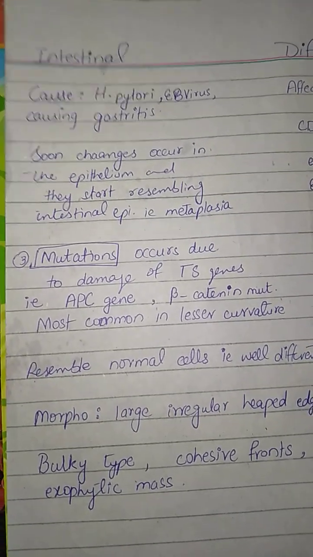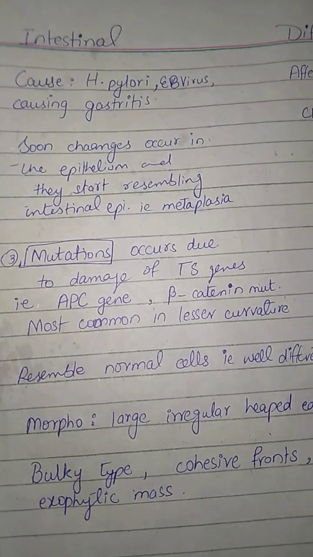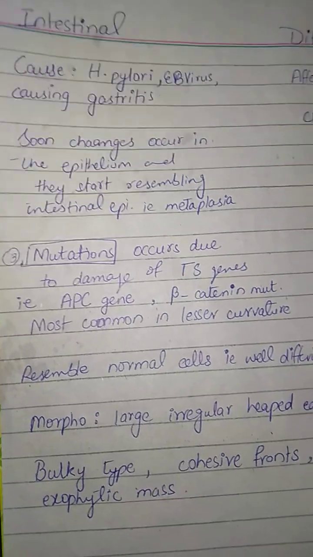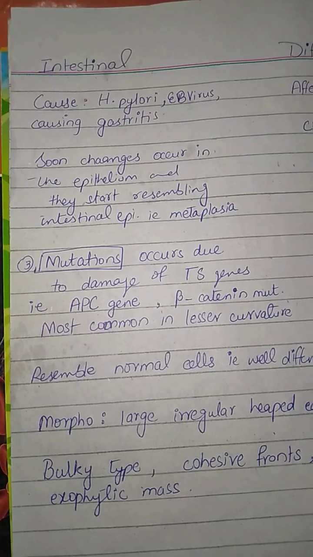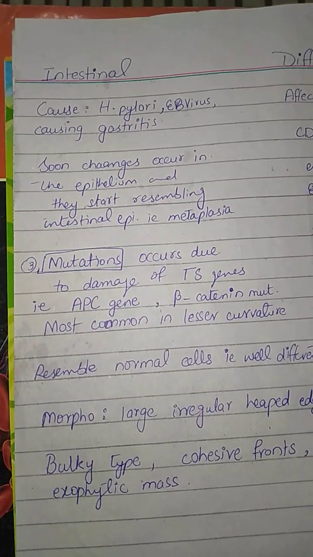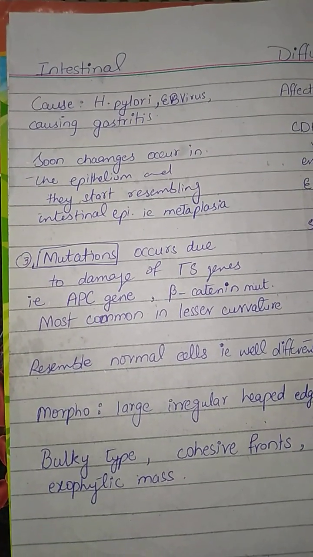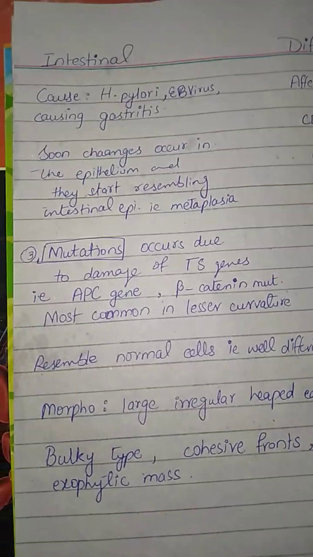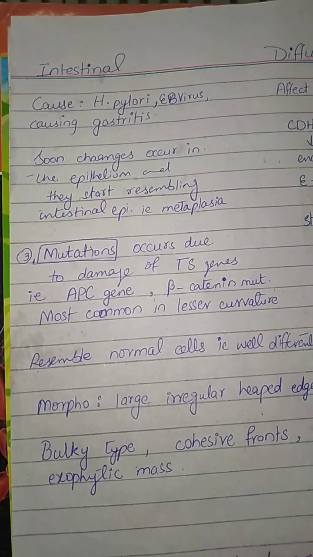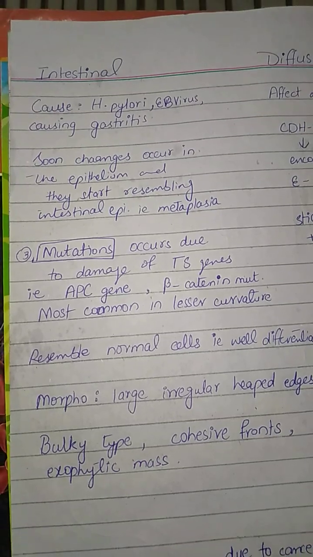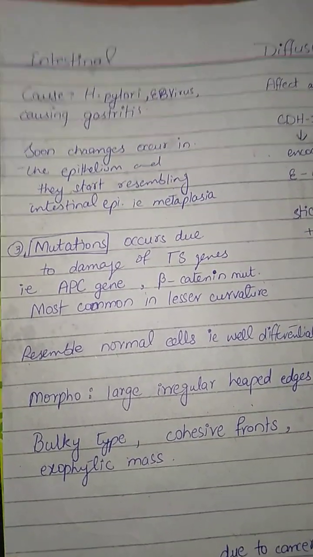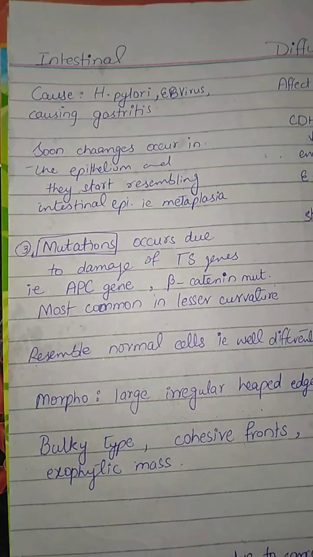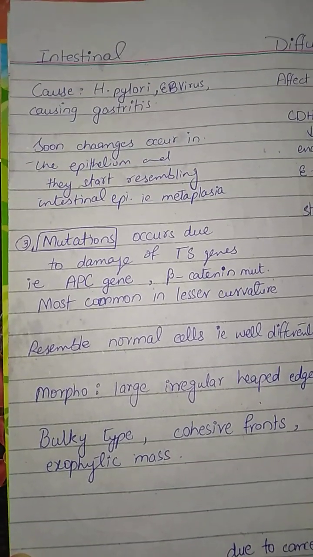What happens after these causes is that they cause changes in the epithelium, and there occurs chronic gastritis leading to the metaplasia and dysplasia, which means that the epithelium of the stomach starts resembling the intestinal epithelium. That is why it is named as intestinal adenocarcinoma.